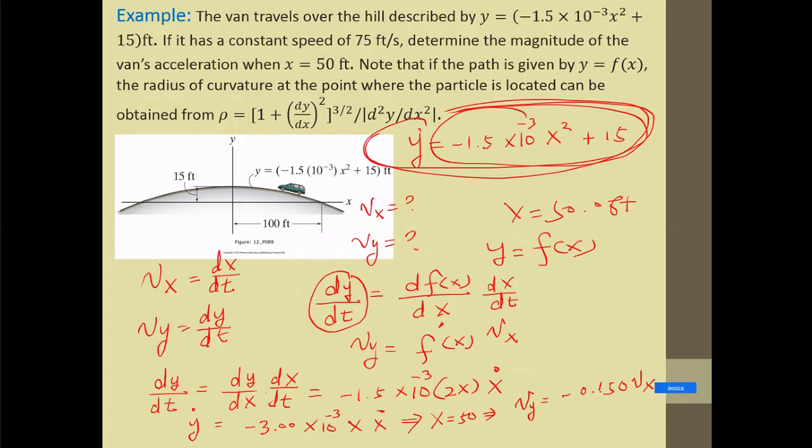This is a relationship between the velocity x component and y component. And the problem gave us what? The speed when x equals 50. So speed means what then? The square root of this.